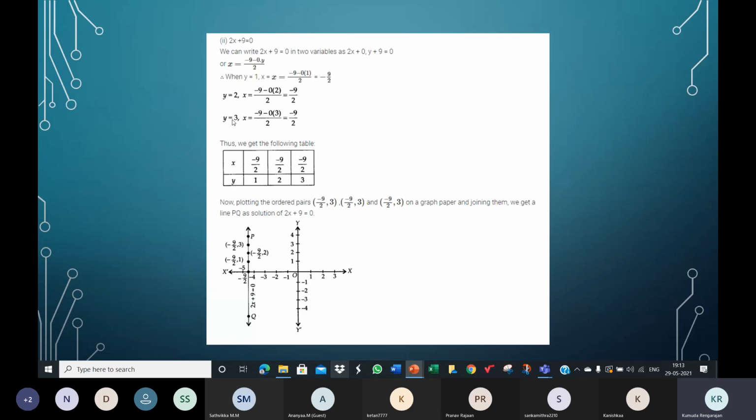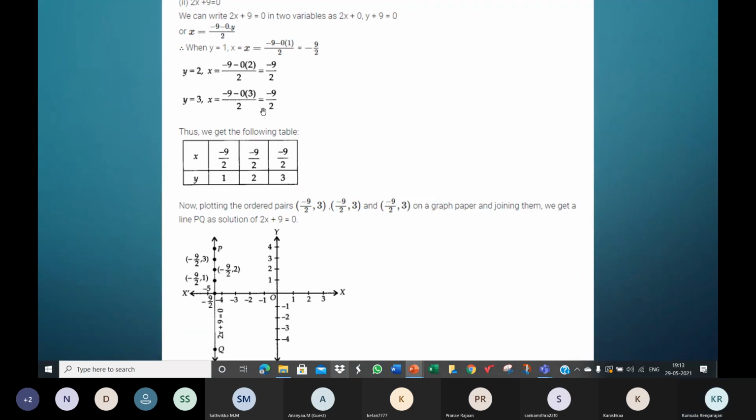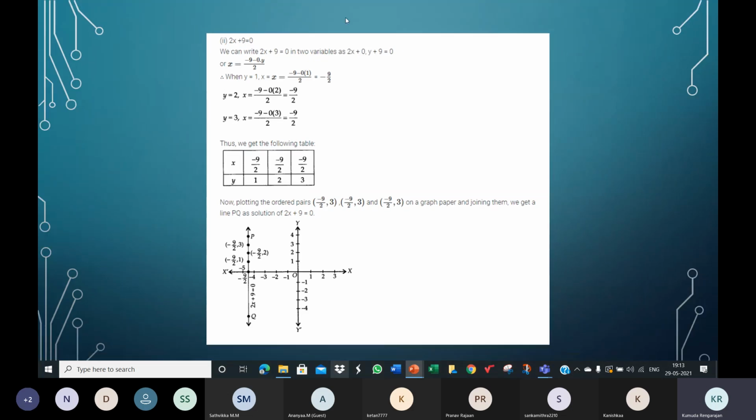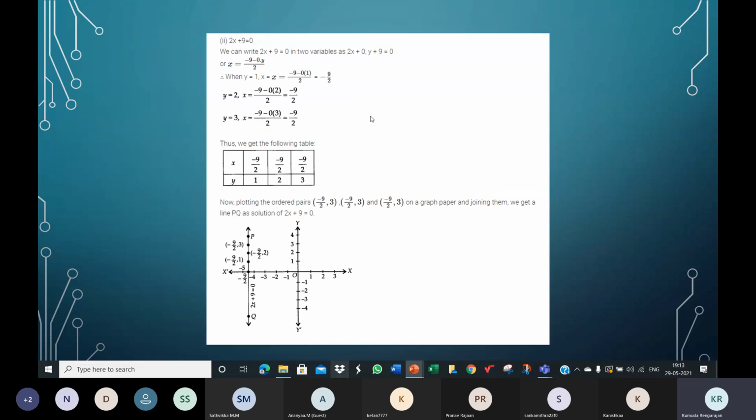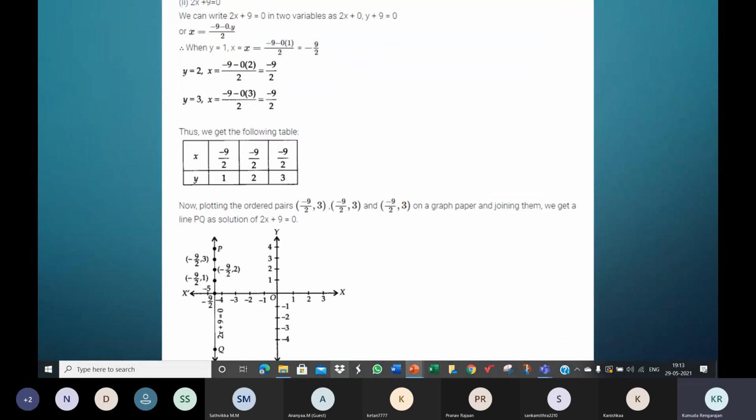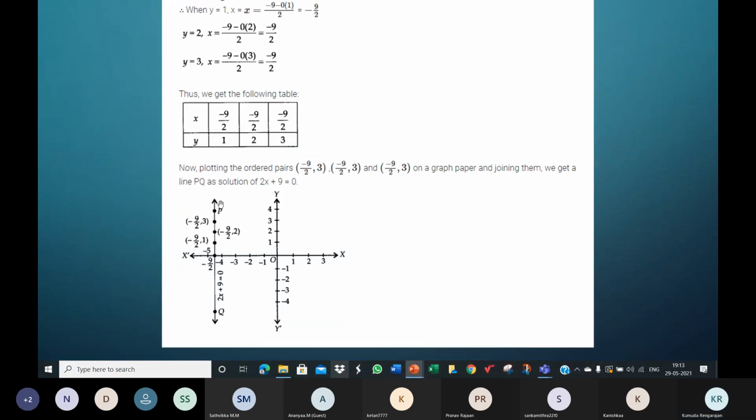When you treat it as an equation in two variables x and y, since the value of x is minus 9 by 2, just represent it like this, 2x plus 0y plus 9 is equal to 0. But on solving this, x is always going to be minus 9 by 2. You can directly make this table. X is always minus 9 by 2 for any value of y. Plot these points and get the graph.